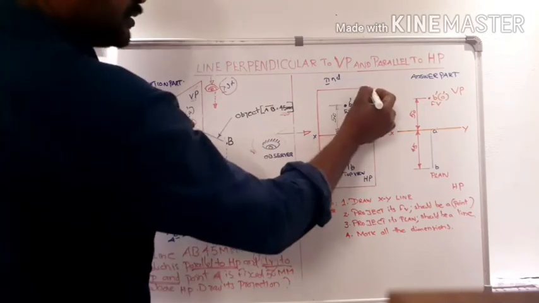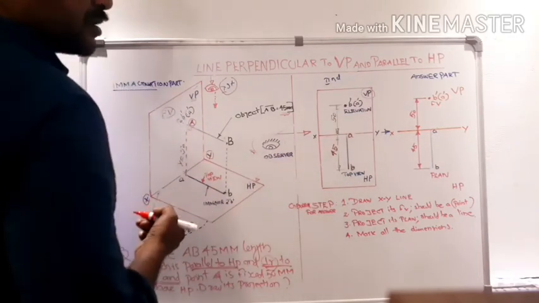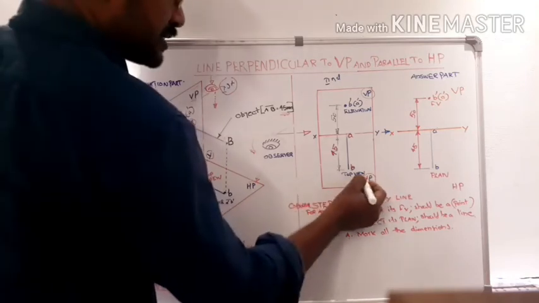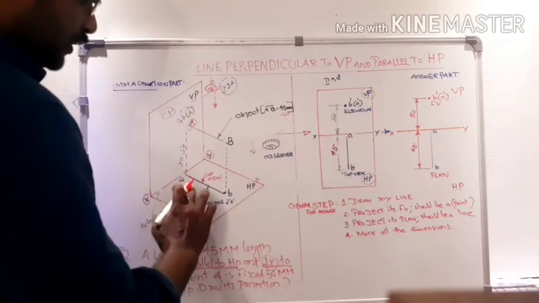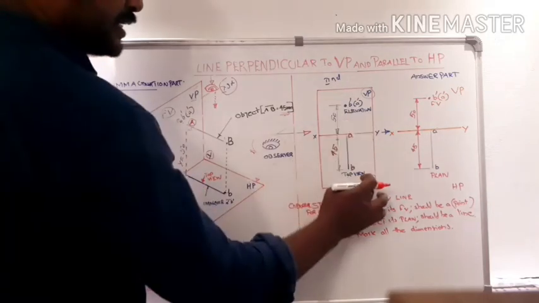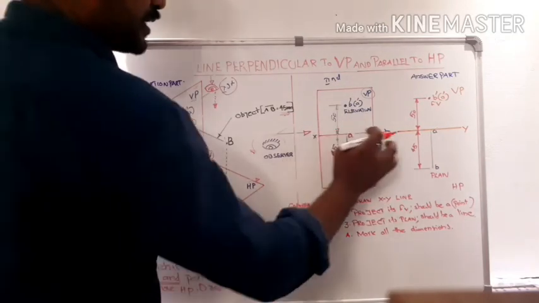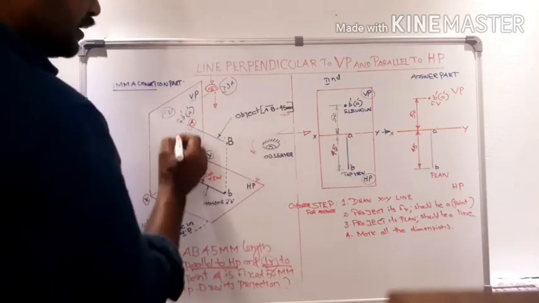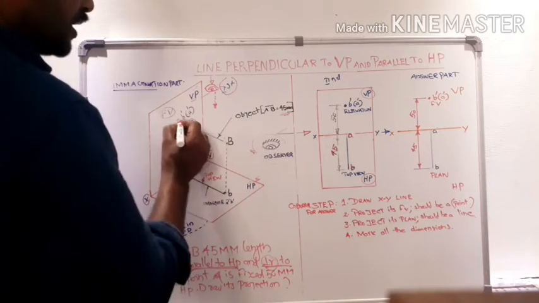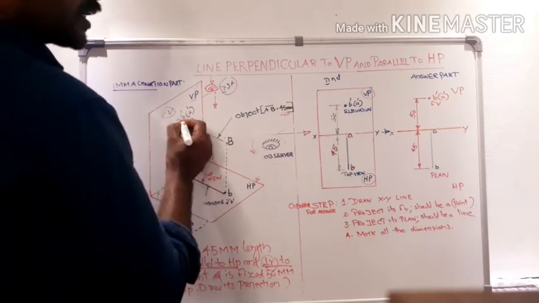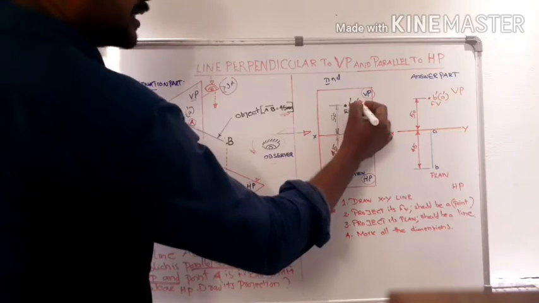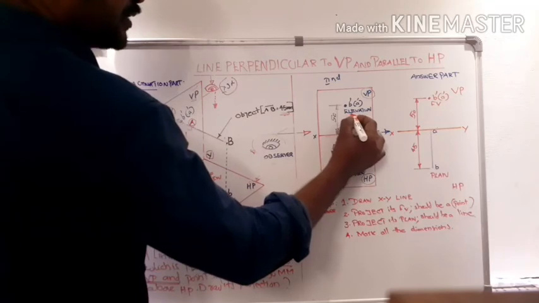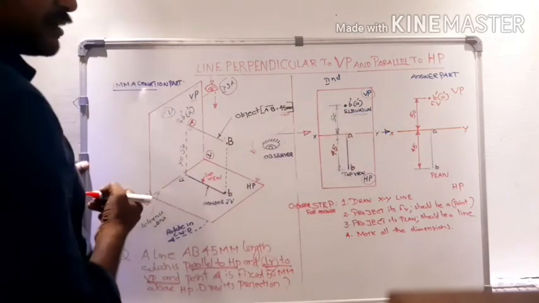Here, this surface is marked as VP and this surface is marked as HP. After rotating the HP clockwise, the HP comes below the reference line. So, first you have to put a point on the VP keeping 50 mm distance. That point is marked as B dash with A dash inside the bracket. That is our front view or elevation.